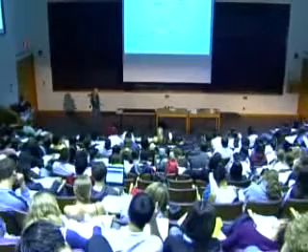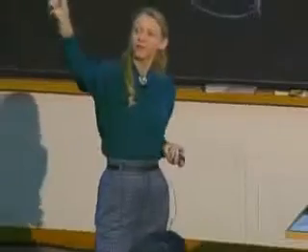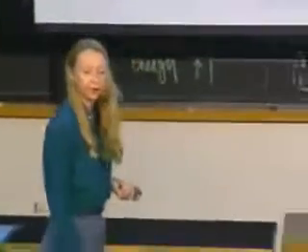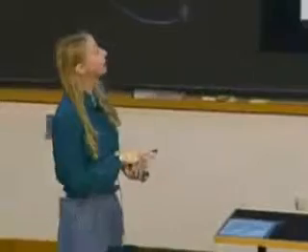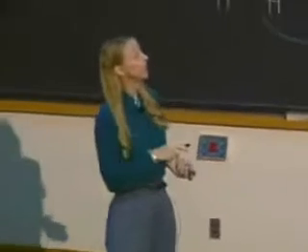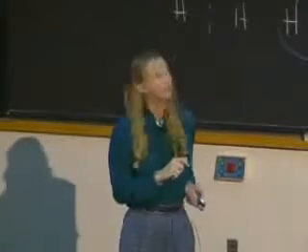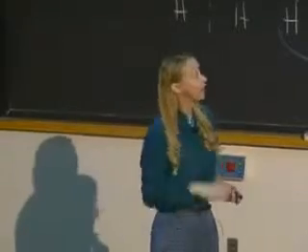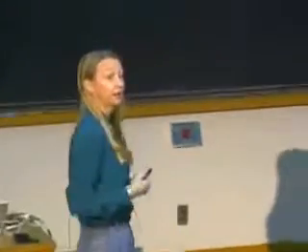So for example, if the fundamental frequency of HCl was 8.6 times 10 to the 13th hertz, we divide that by the speed of light in centimeters per second, and the fundamental frequency in wave numbers is 2,886 wave numbers for HCl.